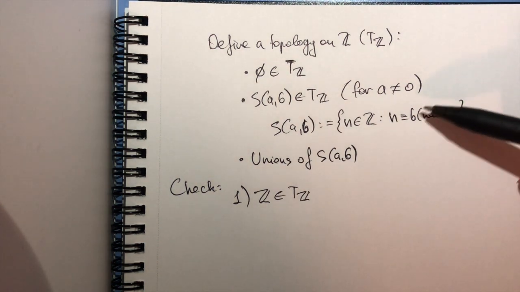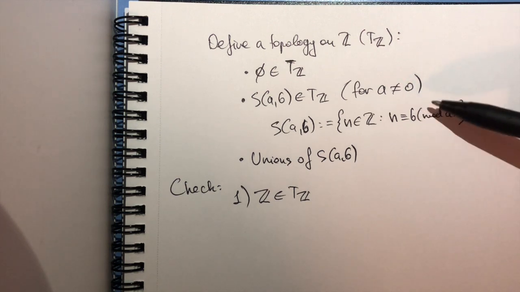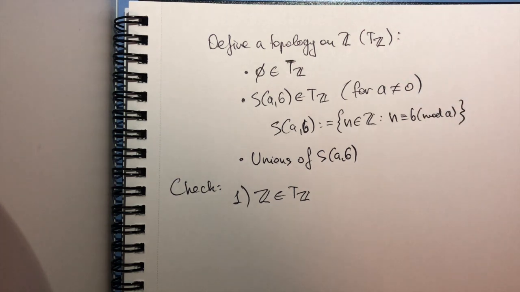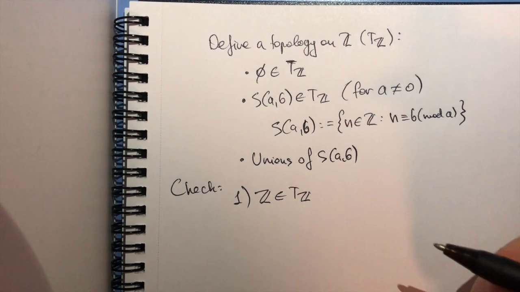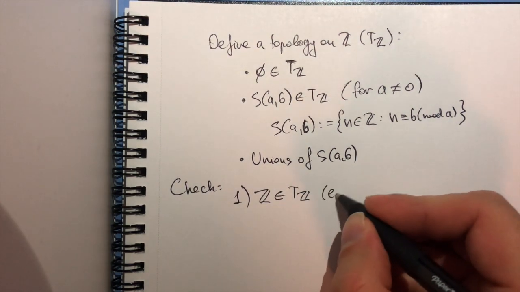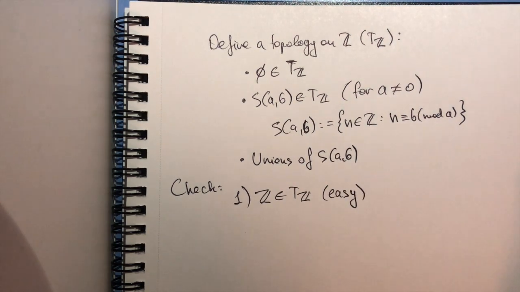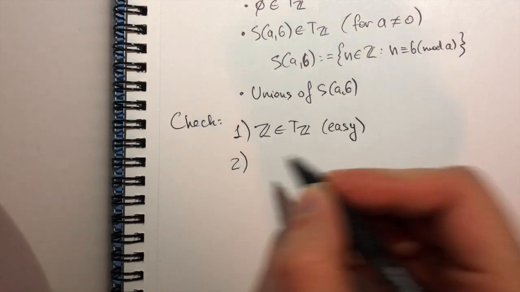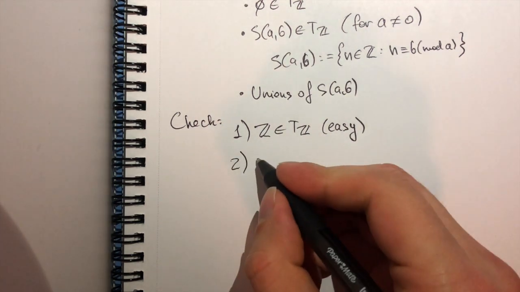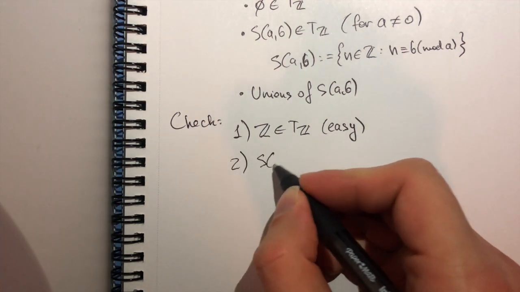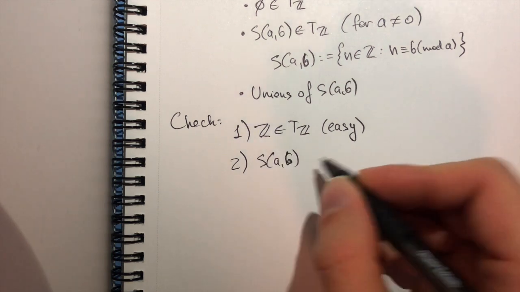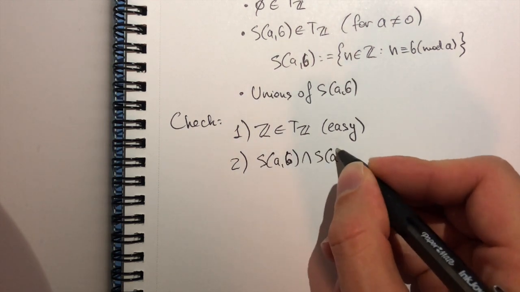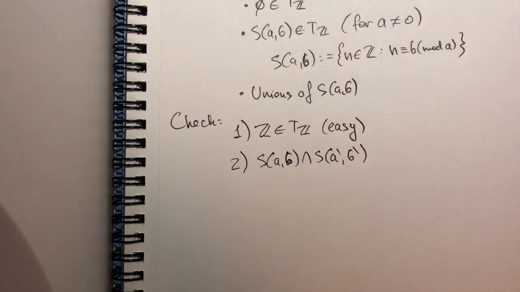Well, if you know basic number theory, this is actually very easy to show. So I will leave it to you as a small exercise. A slightly more tricky bit comes from proving that intersections of these sets are also open.